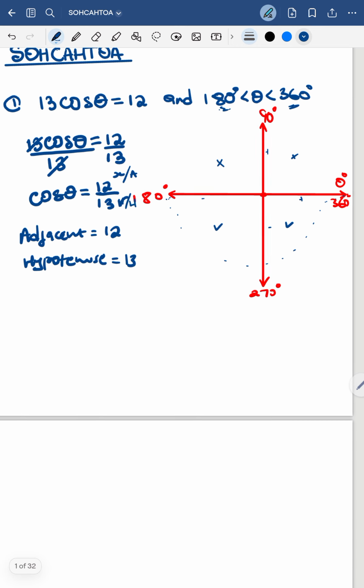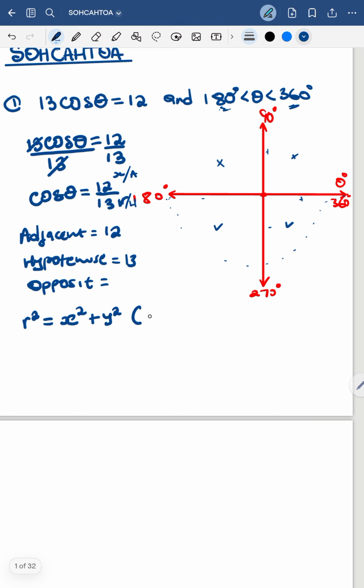Now we want the opposite side, but we don't have the opposite side. So we're going to calculate it by using the Pythagoras theorem. The formula is r squared is equal to x squared plus y squared, and the reason is Pythagoras.